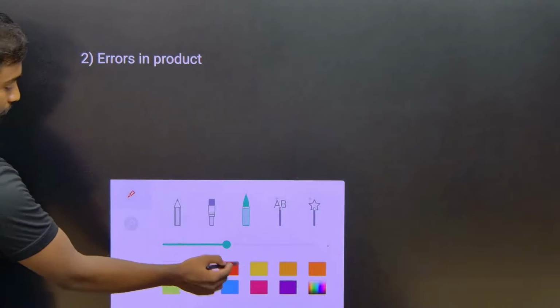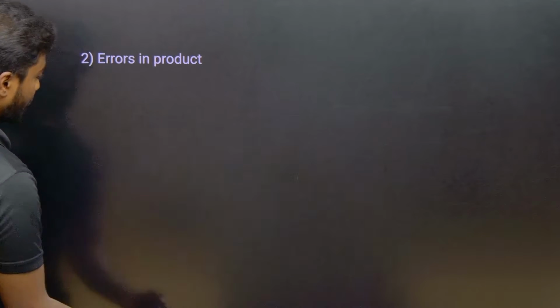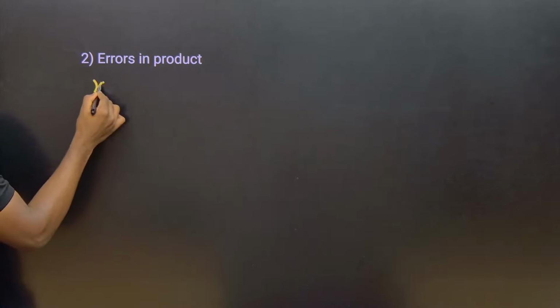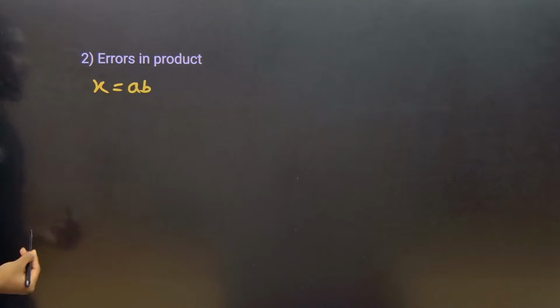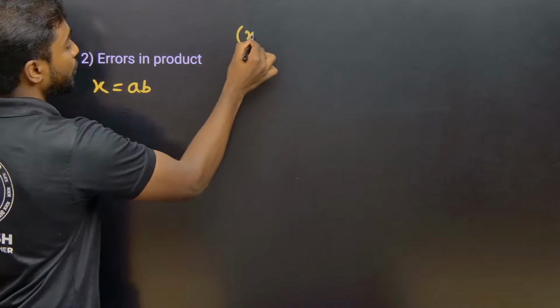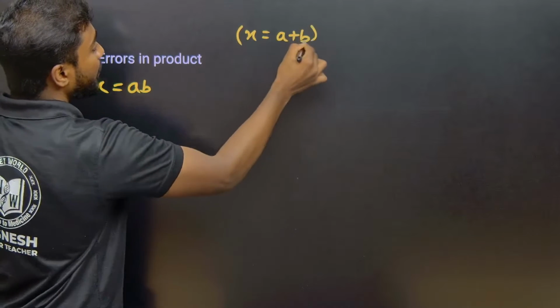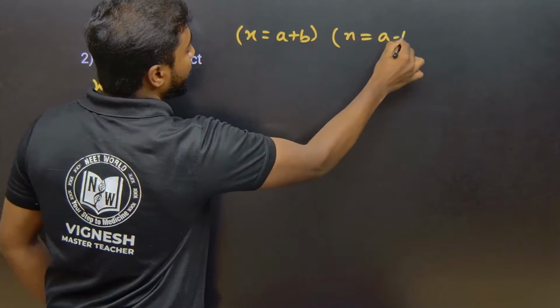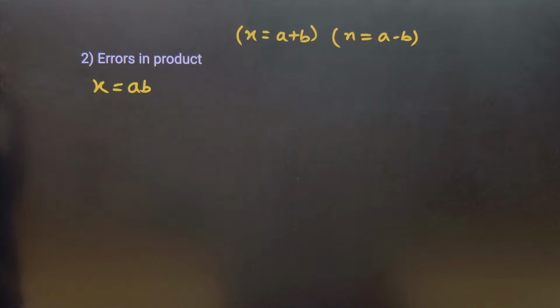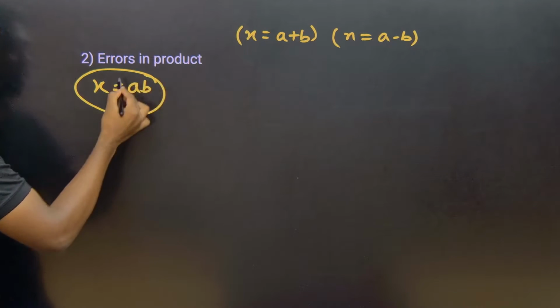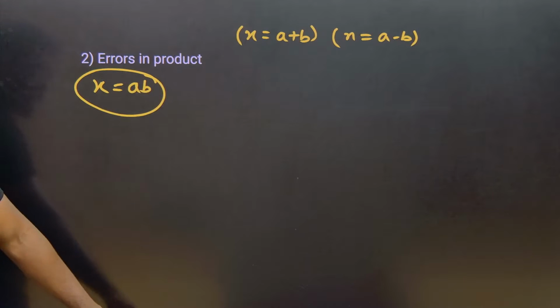Okay. So suppose x is equal to AB. Yesterday we have seen that x is equal to a plus b or x is equal to a minus b. Today the product is ab. For this I need to find the error, delta x.